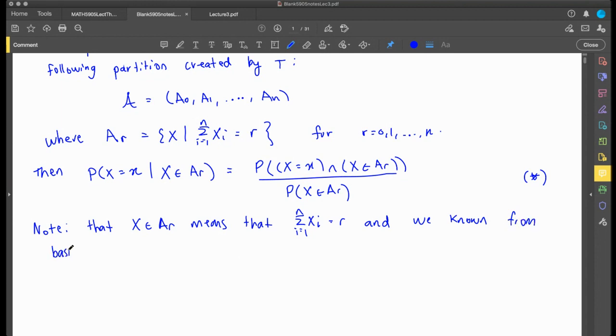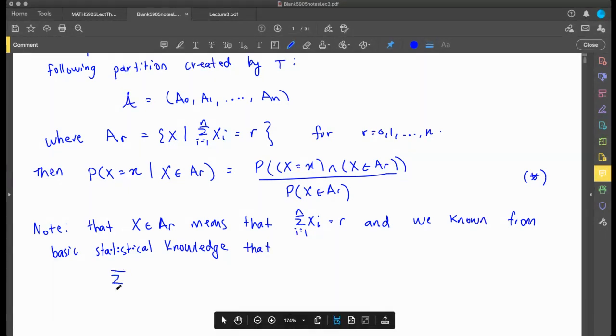This is basic statistical knowledge. The sum of Bernoulli is a binomial experiment, and we now have the distribution of this expression here. I can write this more formally: the random variable, the sum from i equals 1 to n, is distributed according to the binomial distribution. We have n trials, and the same probability of success theta.